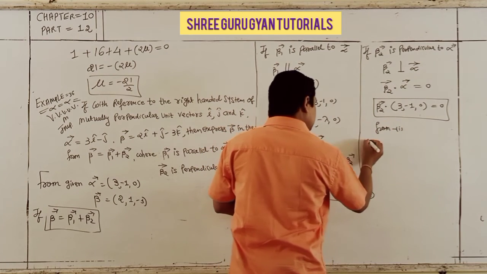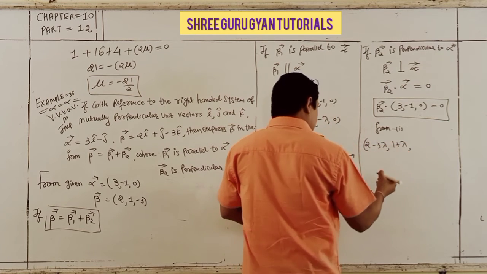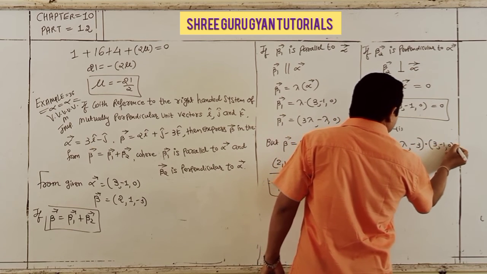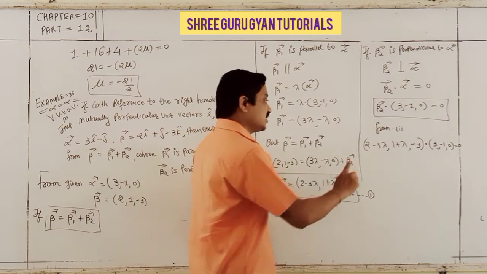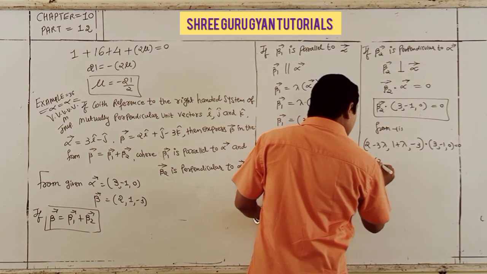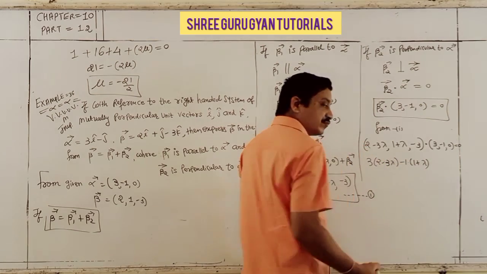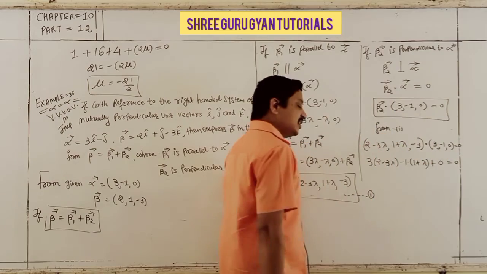Beta 2 is 2 minus 3 lambda, 1 plus lambda, minus 3, dot 3, minus 1, 0. So my answer is 3 times 2 minus 3 lambda, minus 1 times 1 plus lambda, and 0 times minus 3, which is totally 0.